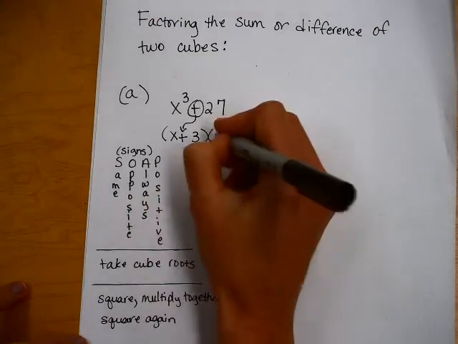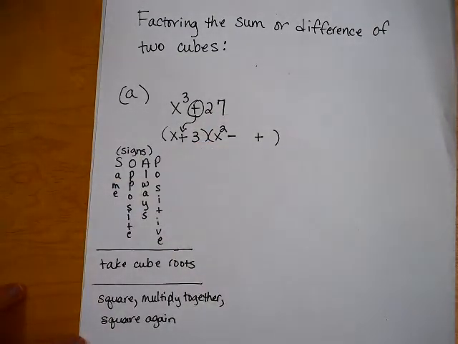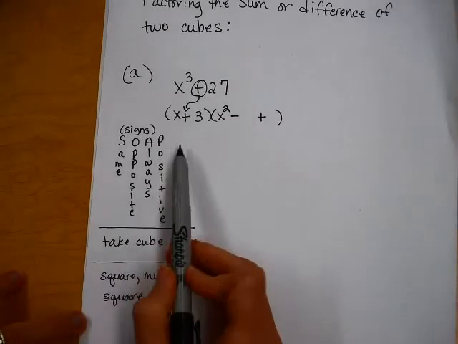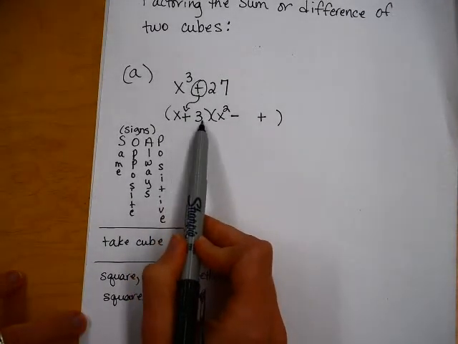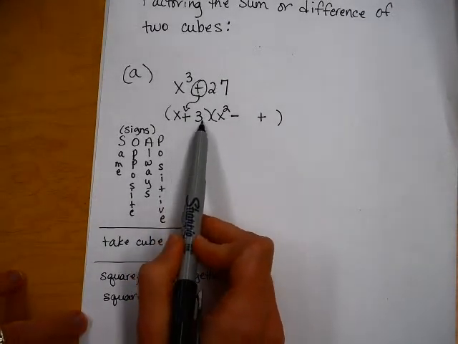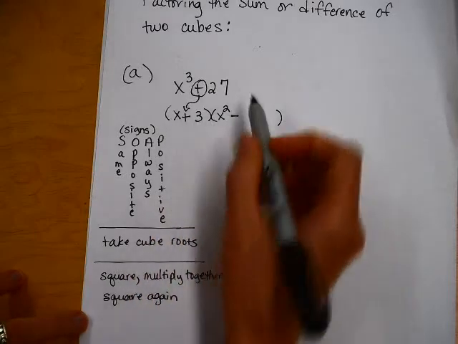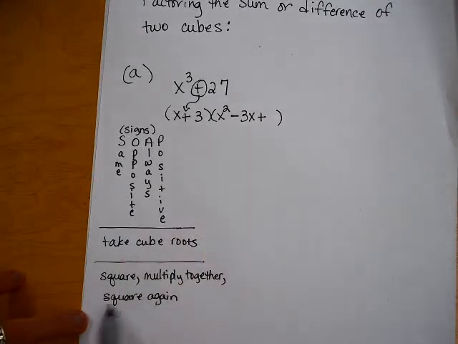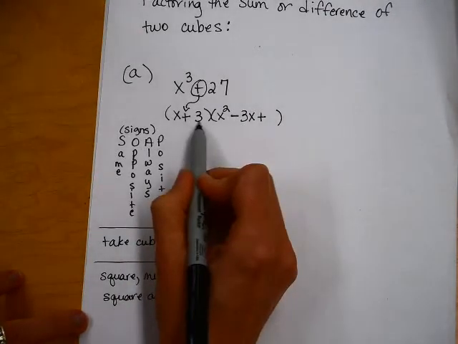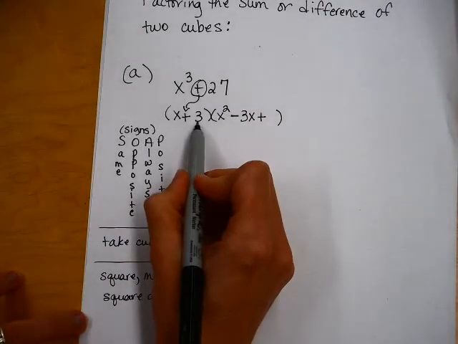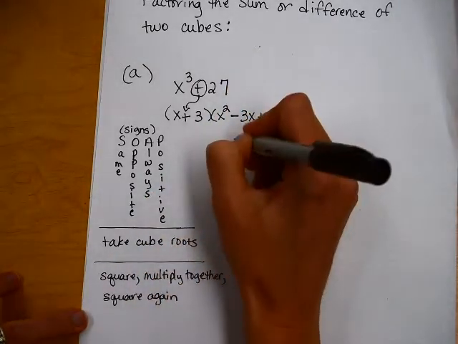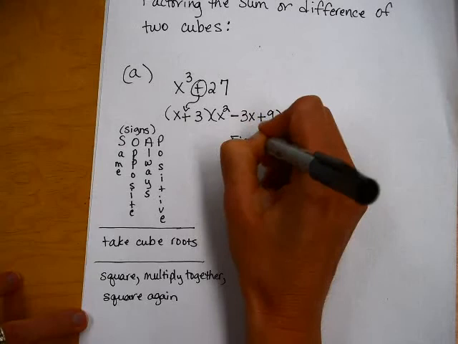So if I square x, I get x squared. Then I'm going to multiply my two terms together. Don't worry about the sign, we've already put our signs in. X times 3 would put 3x here. And then finally it says square again. So we square the second term in this parentheses. 3 squared gives me 9 here. And so my final answer is what I have here.